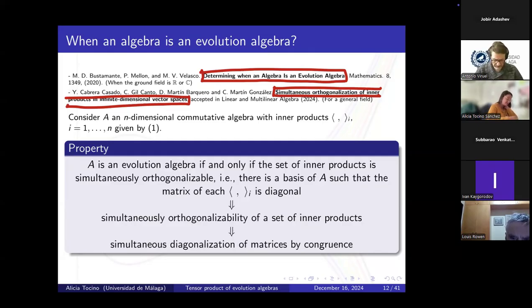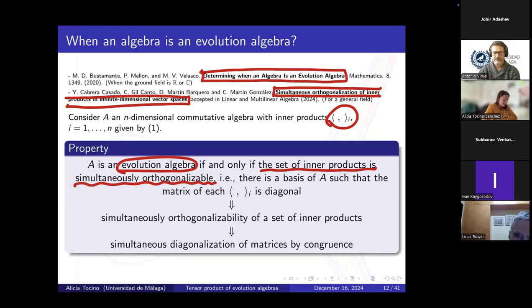So here in this one, we consider the n-dimensional commutative algebra with the inner products that I have explained before, and the main theorem, the main property that they give is that A is an evolution algebra if and only if the set of inner products that we have defined before is simultaneously orthogonalizable.